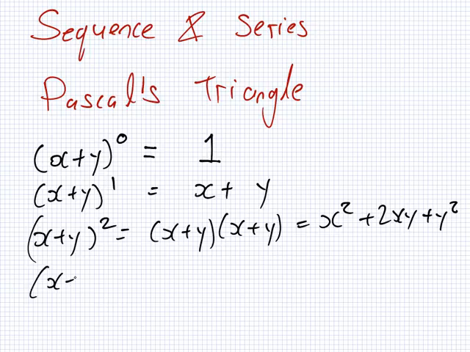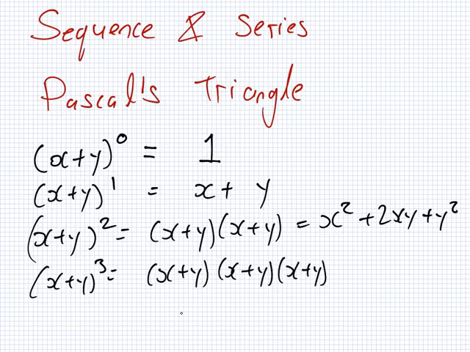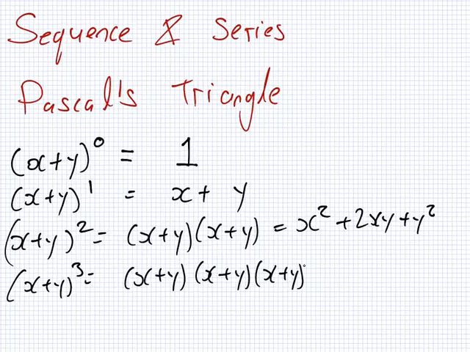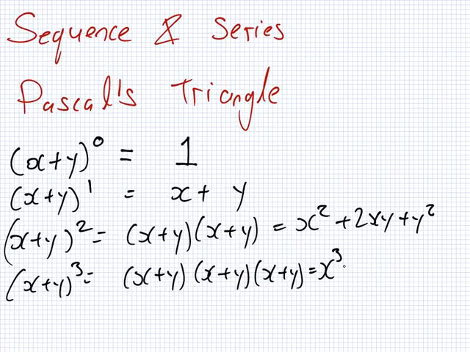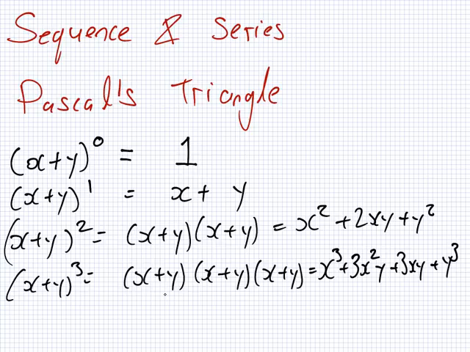And then if you did (x + y) cubed, that would be (x + y) times (x + y) times (x + y), which would be x cubed plus 3x squared y plus 3xy squared plus y cubed. But I know the answer already. If you were to do this, it would take a long time, because you'd have how many multiplications to do?